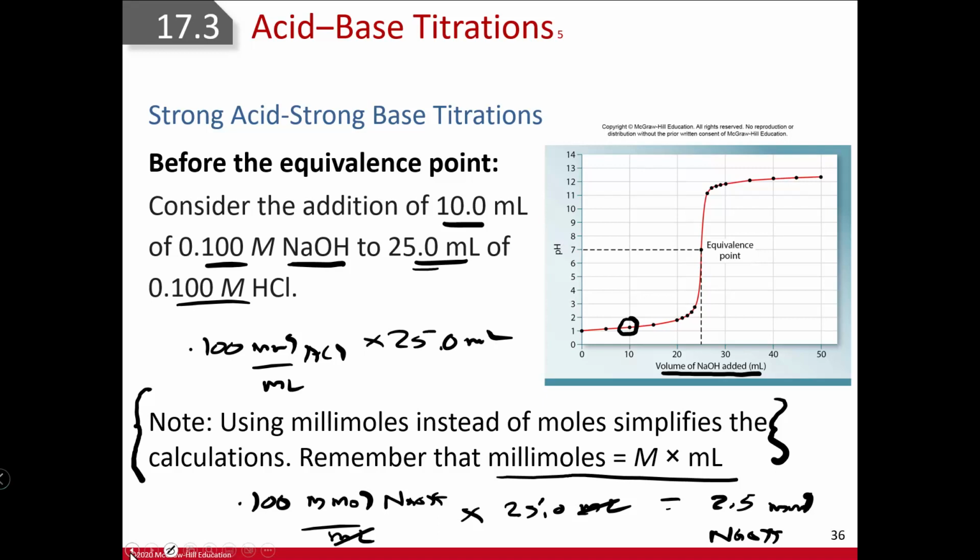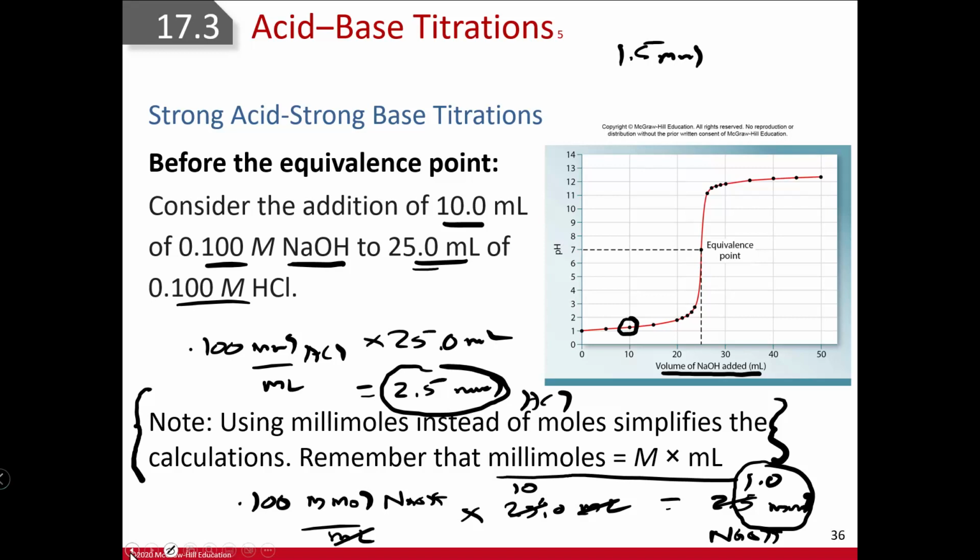I did this one wrong down here. So, yeah, this should be 10 milliliters here. And that makes this 1.0 millimoles. But what you have in hydrochloric acid is 2.5 millimoles. So the 1 millimole of sodium hydroxide reacts with the 2.5 millimoles of hydrochloric acid. And so what you have left is 1.5 millimoles of hydrochloric acid.